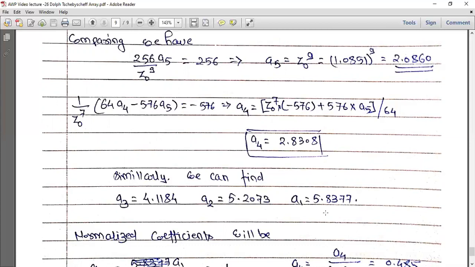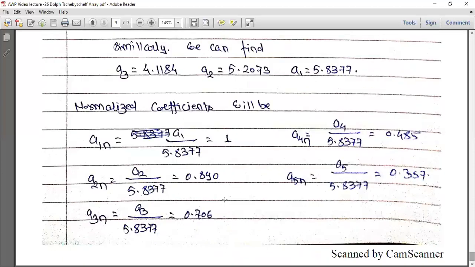So if you want, you can normalize all these coefficients, and for normalization we divide every one of these coefficients by the maximum value of the coefficient. The maximum value corresponds to A1, that is 5.8377. So we divide every one of these 5 coefficients by 5.8377, which leads to the normalized coefficients: A1 will be equal to 1 because you are dividing A1 by A1.